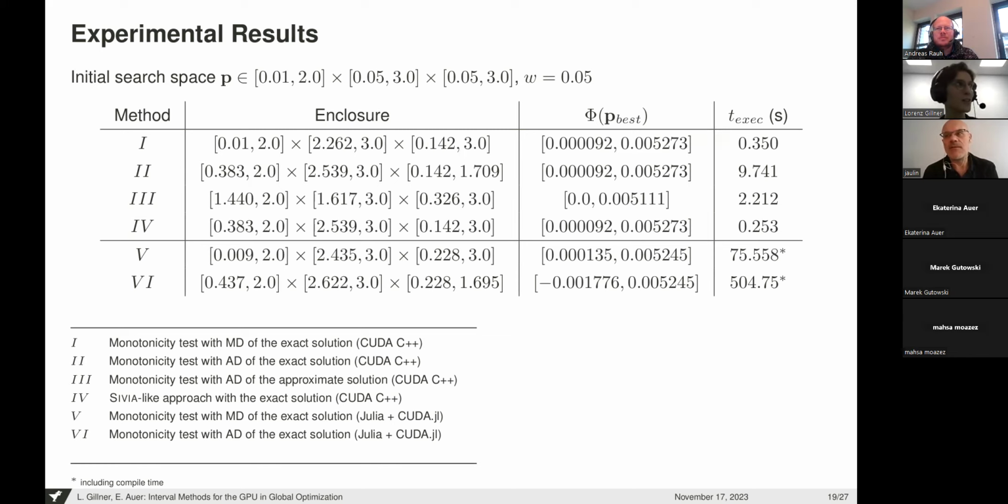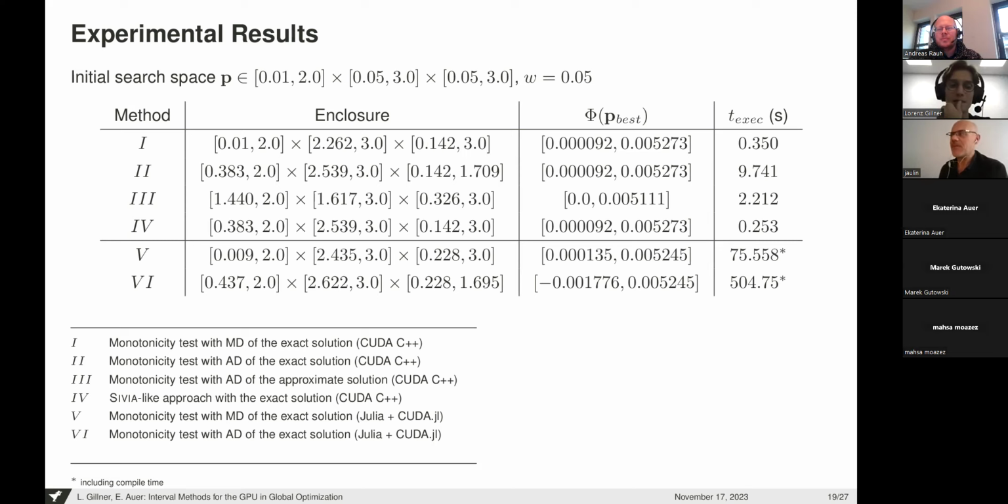I don't know yet, but using contractors on the GPU is definitely something I want to try out in the future. Because I think it should be definitely possible to run a group of contractors in parallel, or maybe also a large amount of contractors in parallel.